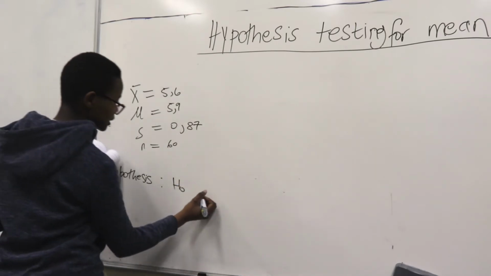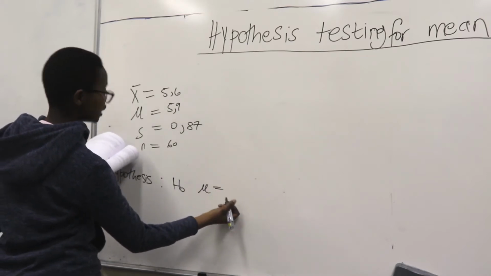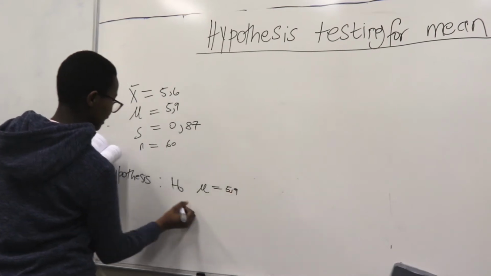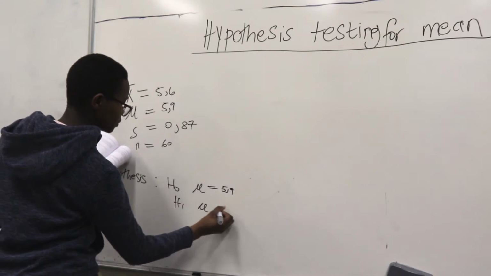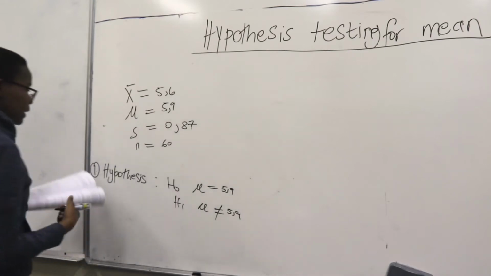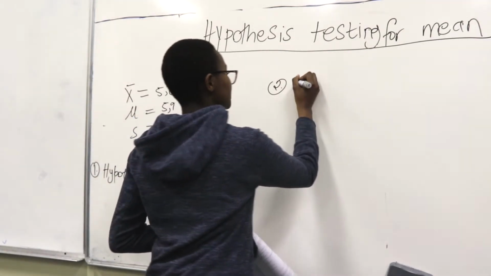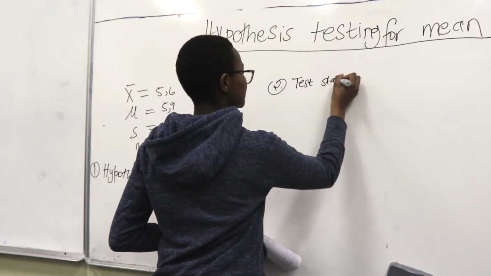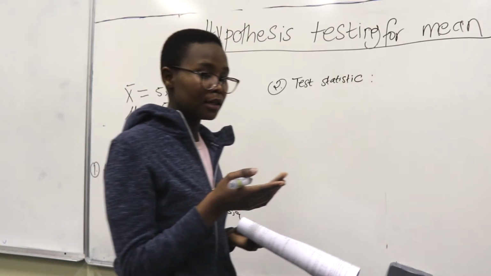H naught says our mu did not change, which means it's 5.9, and then hypothesis 1 says our mu did change. And then we move to step 2, which is our test statistic, which is basically our formula.